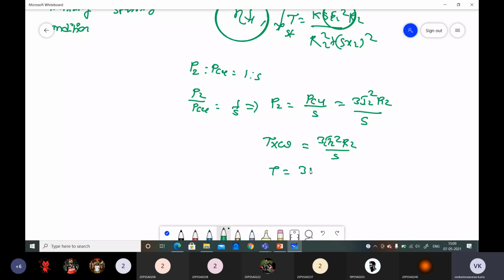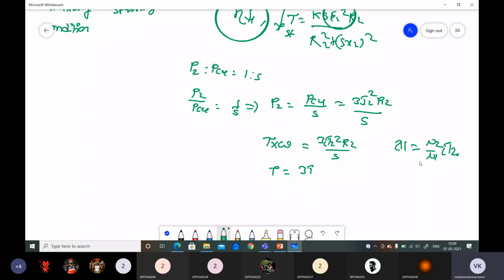So tau equal to 3 I2 square R2 by omega S. We know the formula for I1 equal to N2 by N1 into I2.